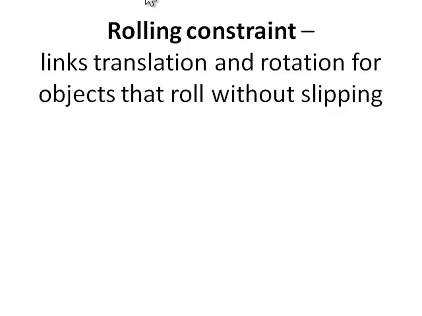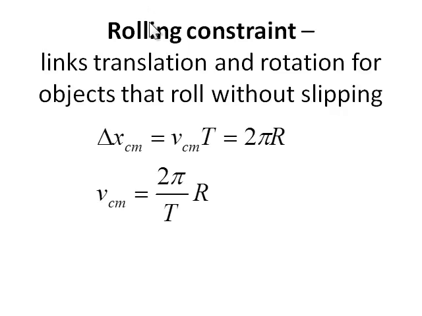The rolling constraint links translation and rotation for objects that roll without slipping. As we saw earlier, delta x of the center of mass equals the velocity of the center of mass times the period, which is equal to 2 pi r.